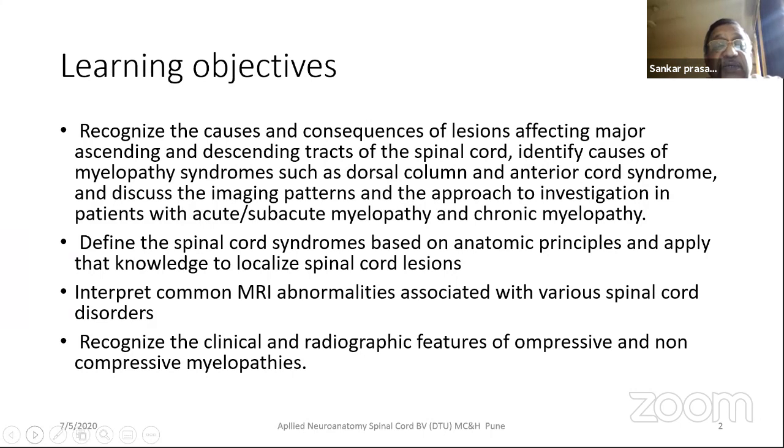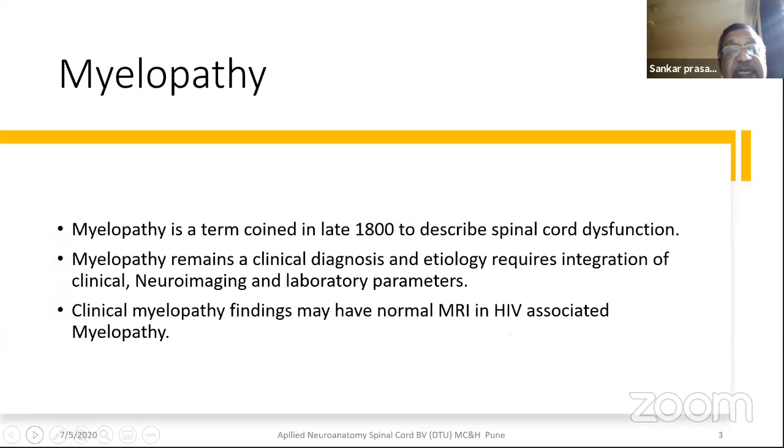The learning objectives for this are to define the spinal cord syndromes after understanding the anatomical principles. Sometimes MRI may help us, but mainly, myelopathy is a term coined in the late 1800s to describe spinal cord dysfunction.